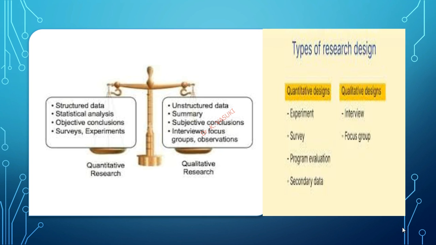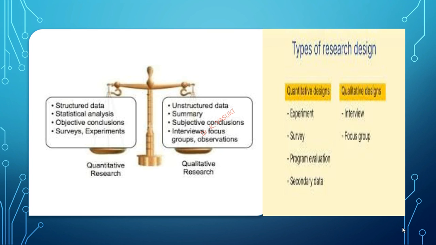Whereas in qualitative research, it is unstructured data. While interacting with the people, they give much more information, and that information has to be incorporated with the collected information. So that is unstructured data, and we present it in a summary way in a report.